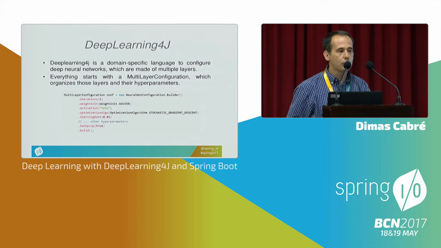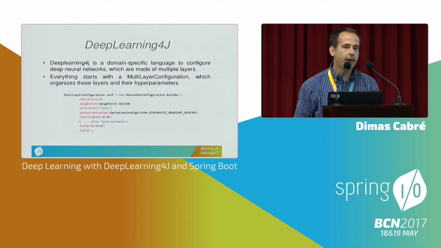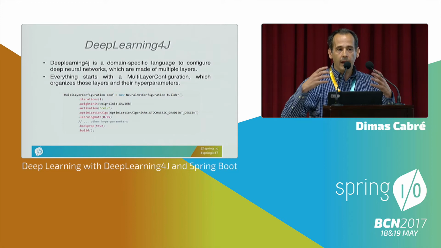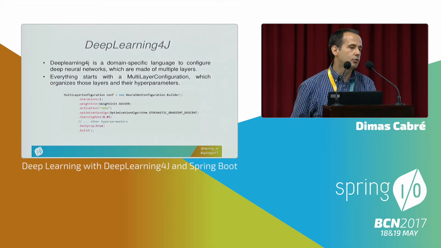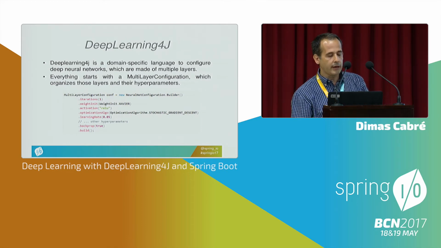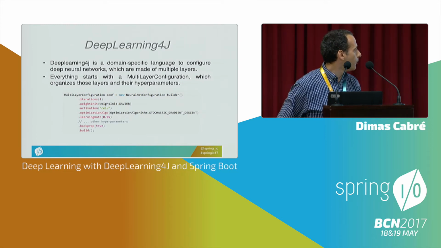If you remember what Artur called metaparameters, they somehow define the topology, the complexity, and the algorithms that you use to train and model your network, okay? All these metaparameters are configured through these predicates, like, for instance, number of iterations, the initialization of the weights, the activation algorithm, the optimization algorithms, and you can see it's quite verbose.